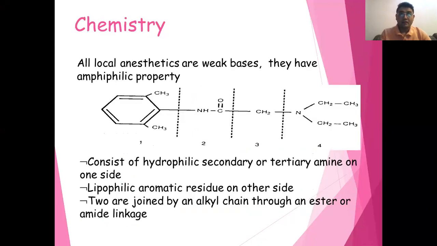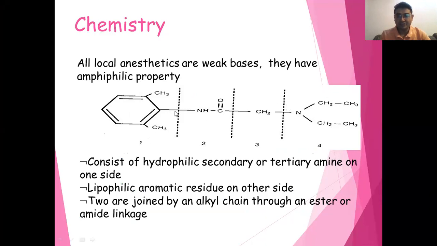Now we are talking about the chemistry of local anesthetics. According to the chemistry, we have two kinds of local anesthetics. On one side is a hydrophilic amine, and on the other side is a lipophilic aromatic group. These two sides should be linked with each other.